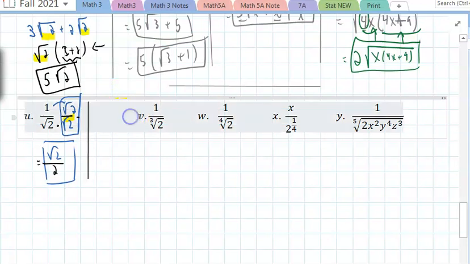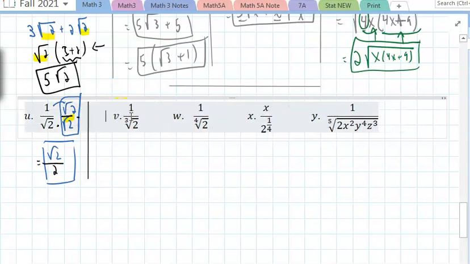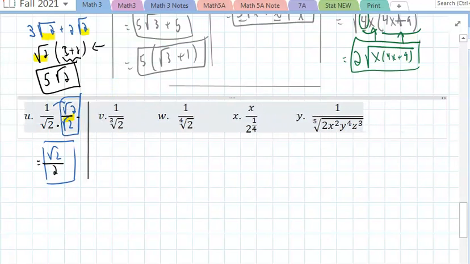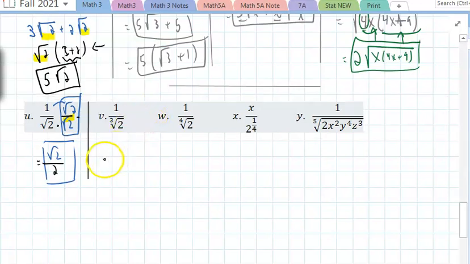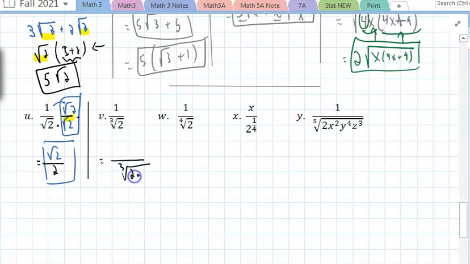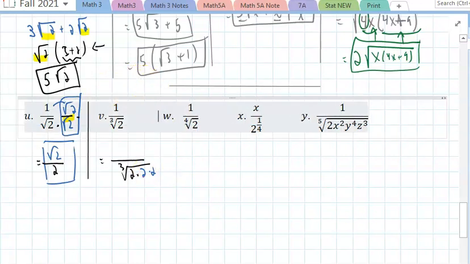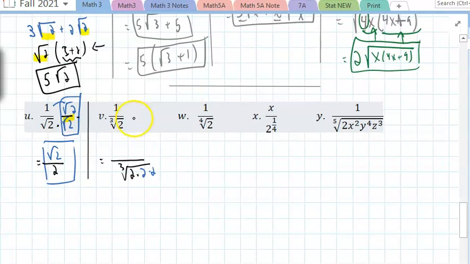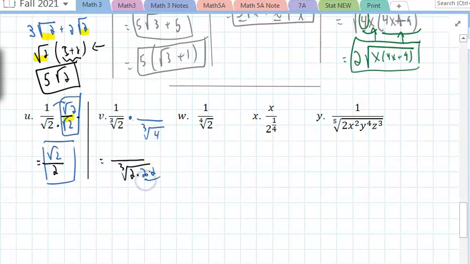If I look at part V, well, I notice here we have a cube root. Now I'm thinking, if I could only have the cube root of 2 times 2 times 2, so wait a minute, well, that would clear the radical, obviously, but that would mean you must have multiplied the denominator by cube root of 4, because 2 times 2 is 4, and the rule is you're allowed to multiply by a 1.